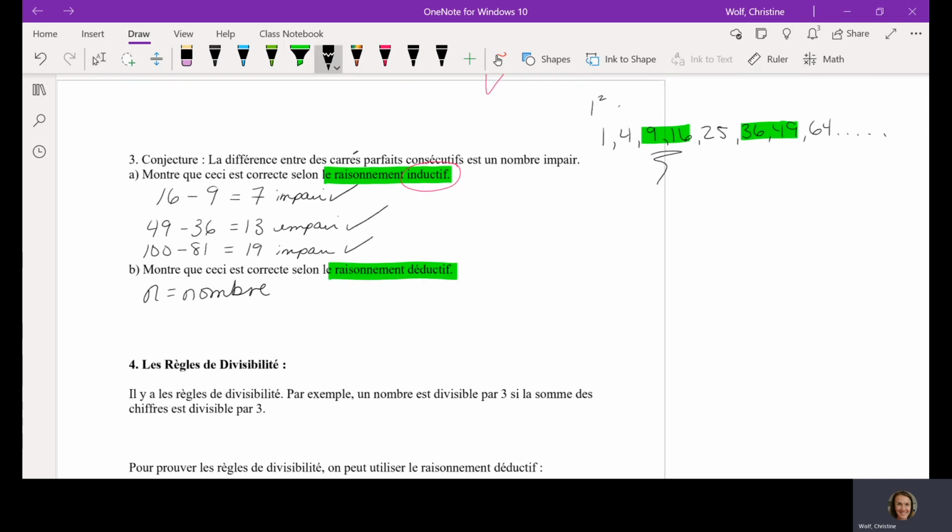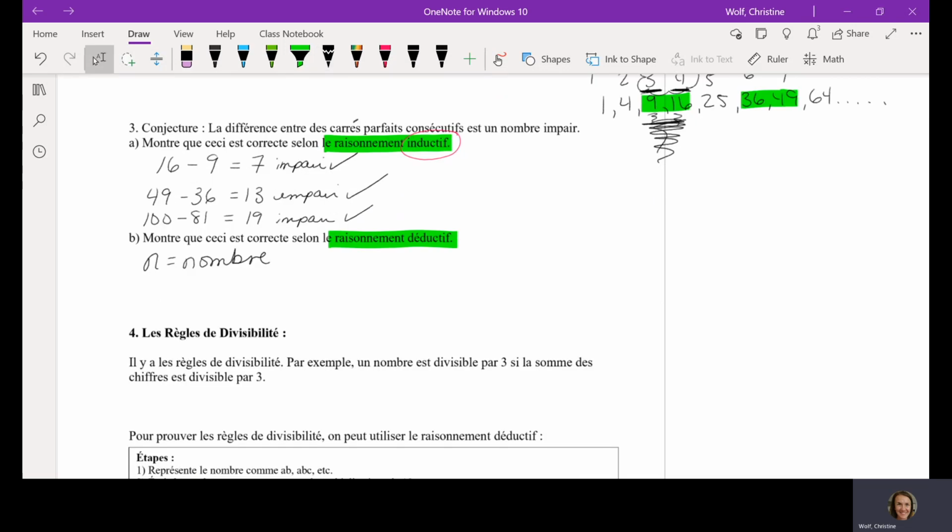This is 1 squared, this is 2 squared, 3 squared, 4 carré, 5 carré, 6 carré, 7 carré, etc., right? So, quand j'ai choisi 9 et 16, vraiment, I was picking 3 and 4, right? 3 squared and 4 squared. Parce que 3 et 4 sont consécutifs. So, I chose 2 consecutive numbers, 3 et 4. I took their squares and I subtracted their squares. That's what I did. Okay?